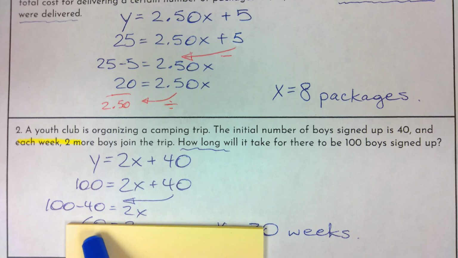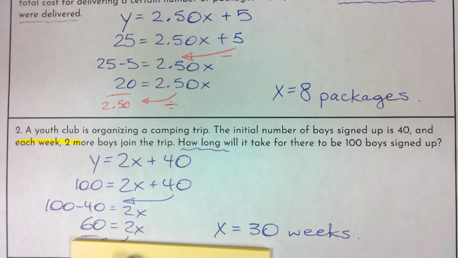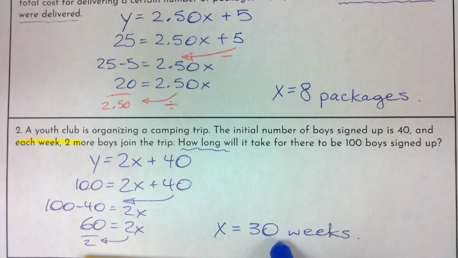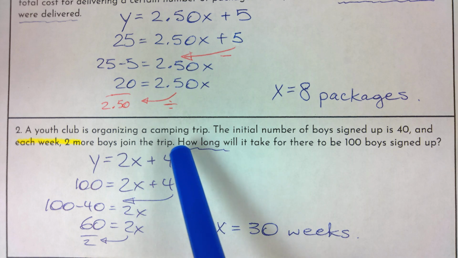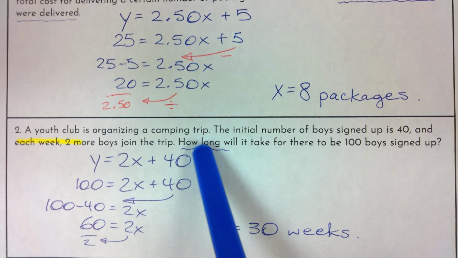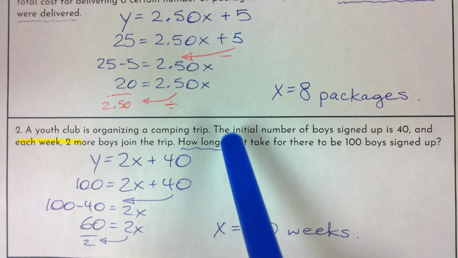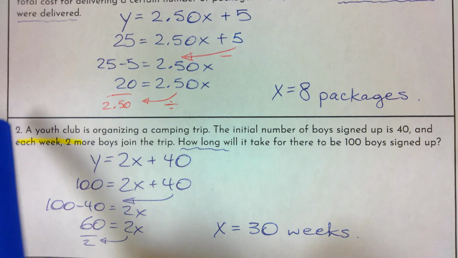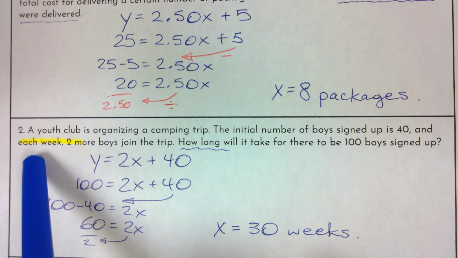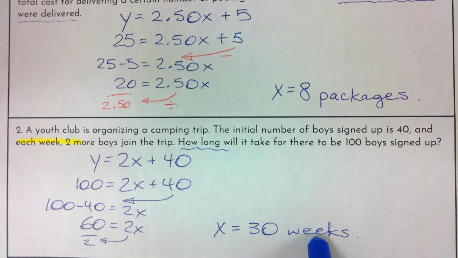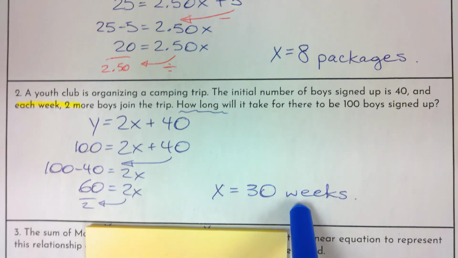And then 100 minus 40 is 60. 60 divided by 2, you get 30. Now, again, reading the last sentence again, how long will it take? So you know you're looking for a time unit, and then look back in the whole question, each week. So then you know that your answer is 30 weeks.